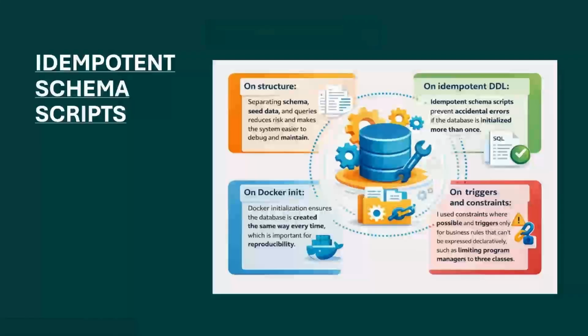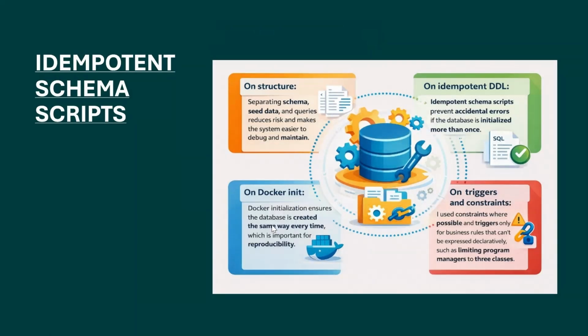So why did I choose to create a DDL.SQL? Well, it's because it defines the full physical schema, including the tables, keys, constraints, indexes, functions, and trigger, and it is also fully idempotent. Fully idempotent basically means that it is good to use because it can separate schema, seed data, and queries, and it will reduce the risk and make the system easier to debug and maintain, especially if you are using Docker.